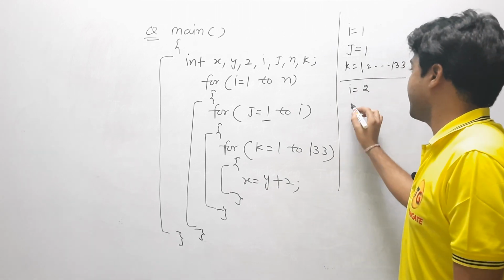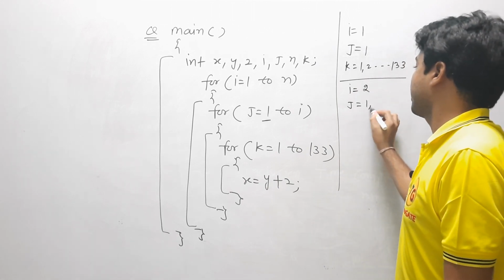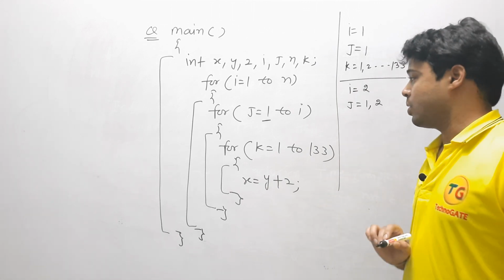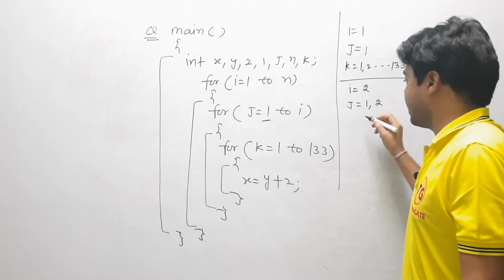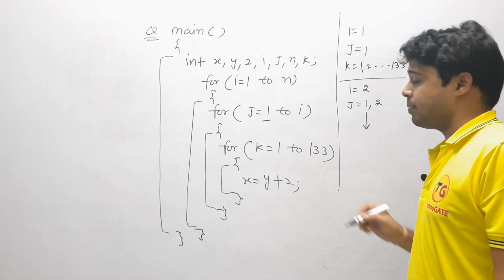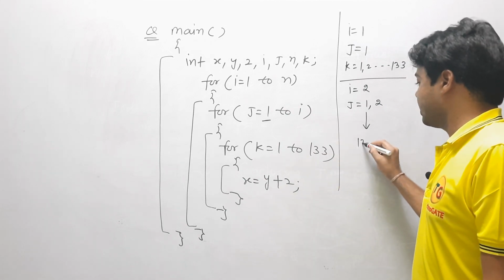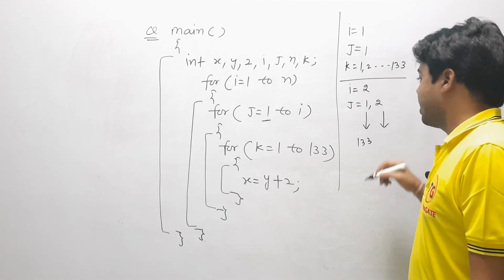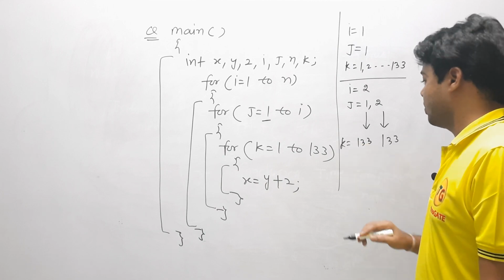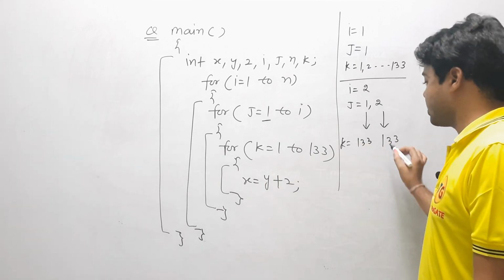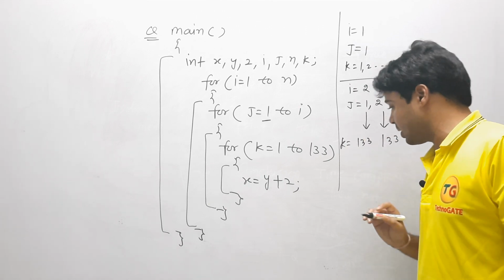So j will execute 1, 2, two times. For every value of j, k will execute 133 times and again 133 times. Yes or no? 133 plus 133 means 2 into 133.